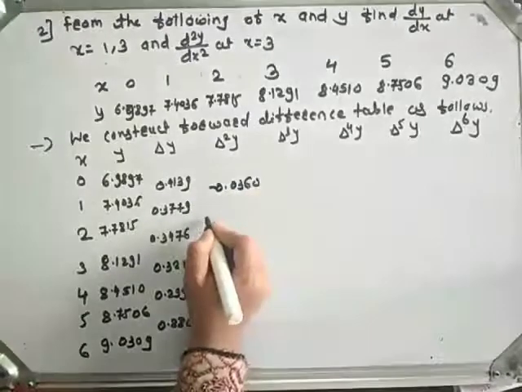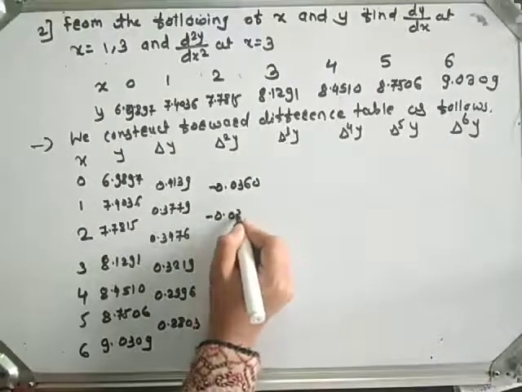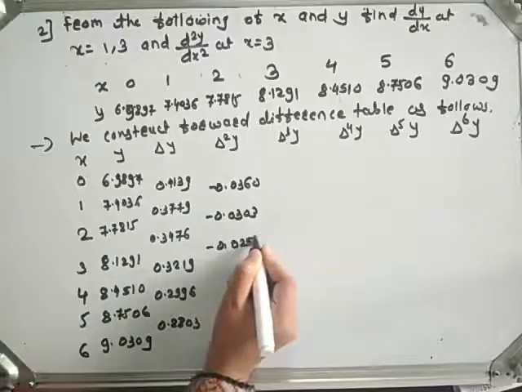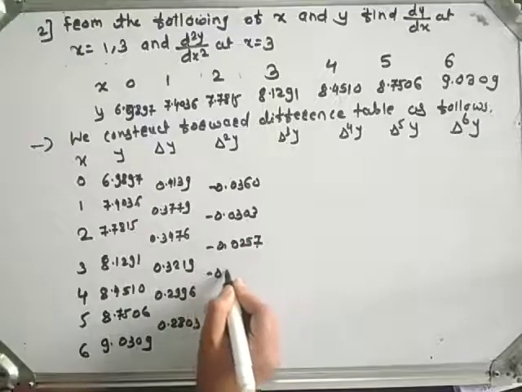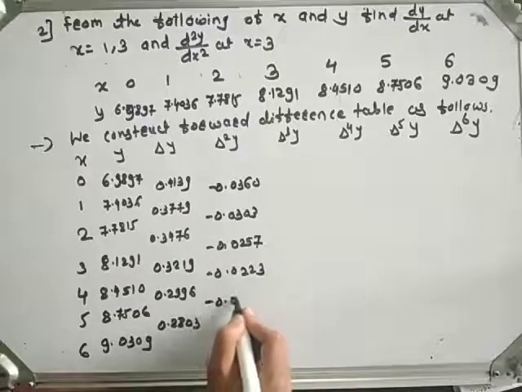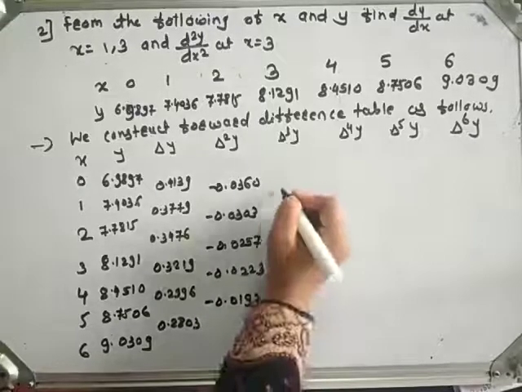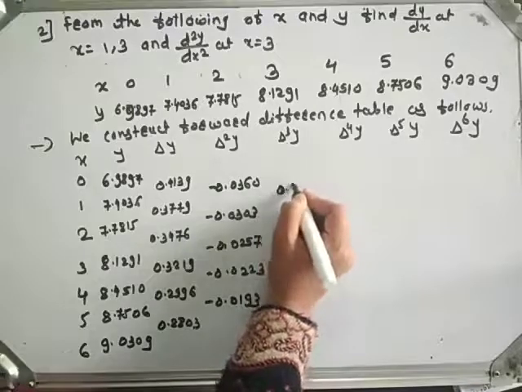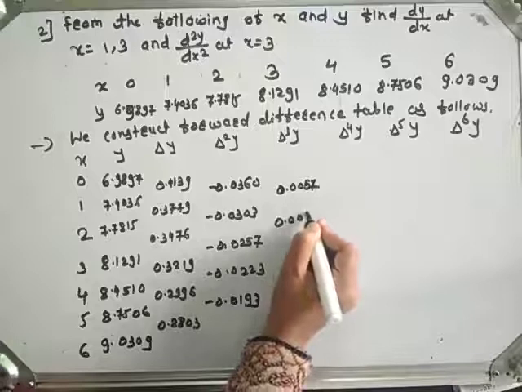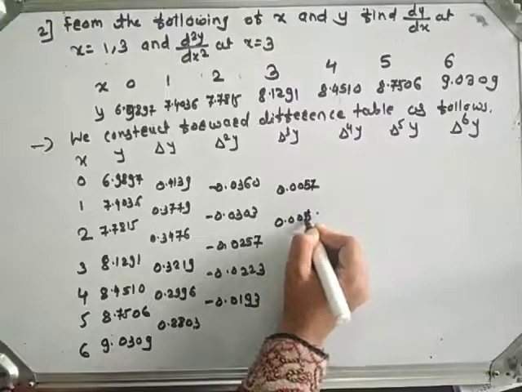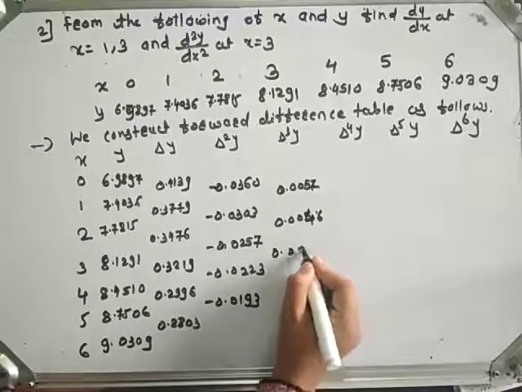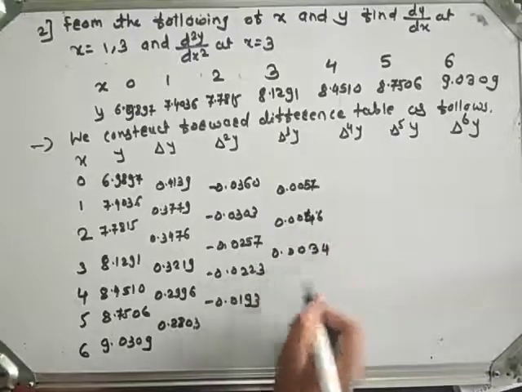Second order differences are 0.0360, 0.0303, 0.0257, 0.0223, 0.0193. Here is 0.0057, 0.0046. Here is 0.0034.